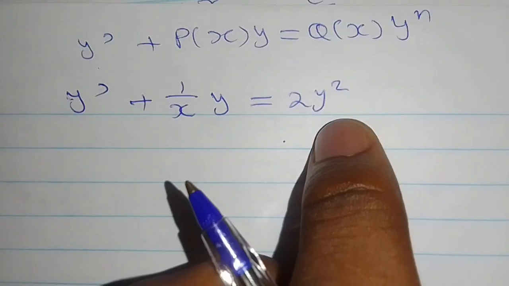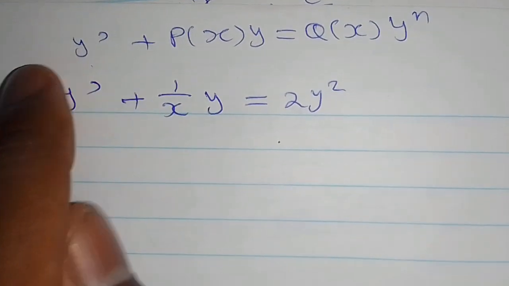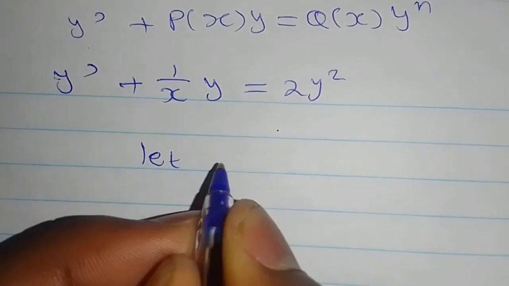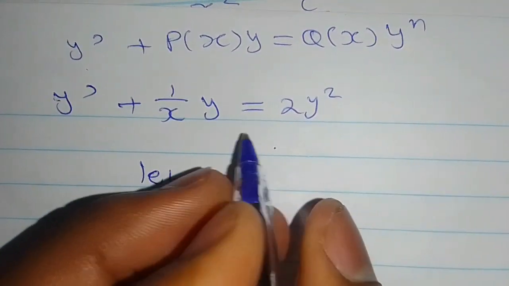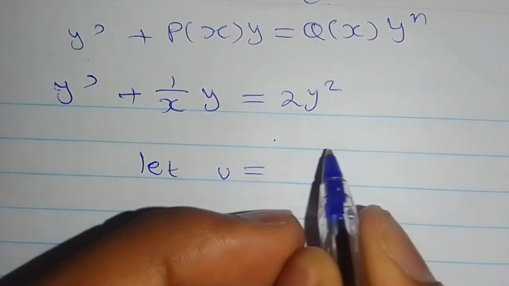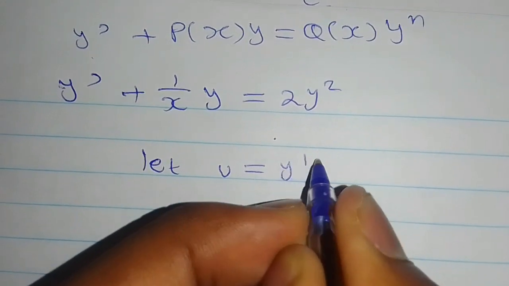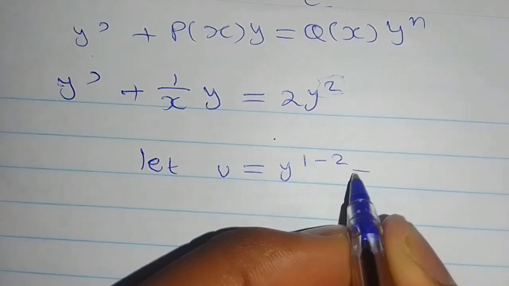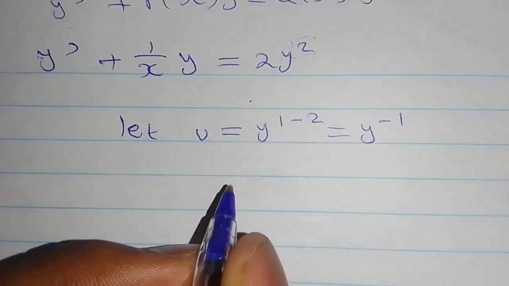When you have something like this, you can just make a substitution. Let u equals y to the power 1 minus n, and in this case n is 2, so you have 1 minus 2, and that's just y to the power of minus 1.